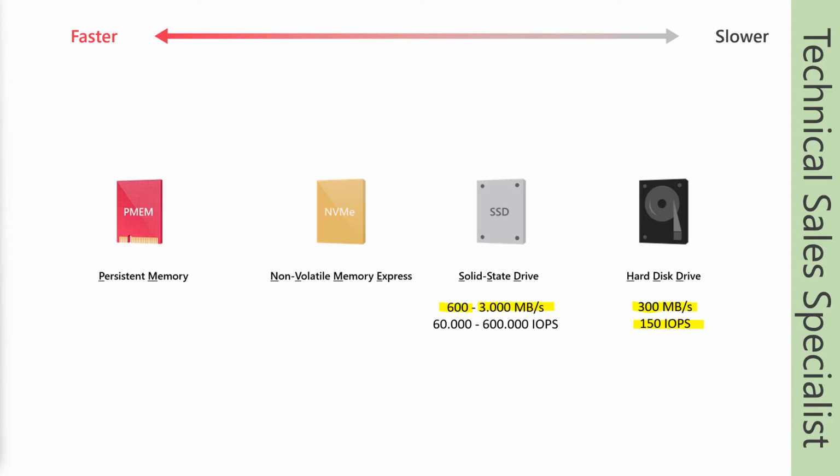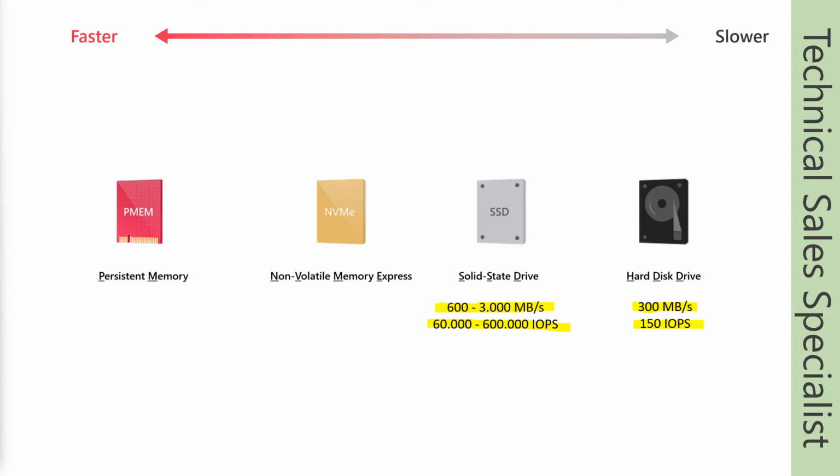The interesting thing is we have 60,000 to 600,000 IOPS per second when it comes to random workload. So for sequential workload, a solid state drive is minimum 2 times, maximum 10 times faster than a hard disk drive.